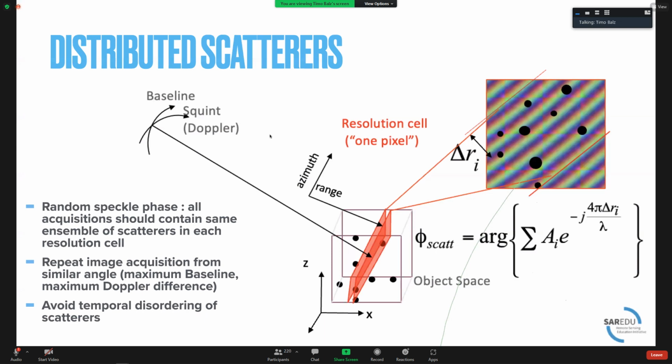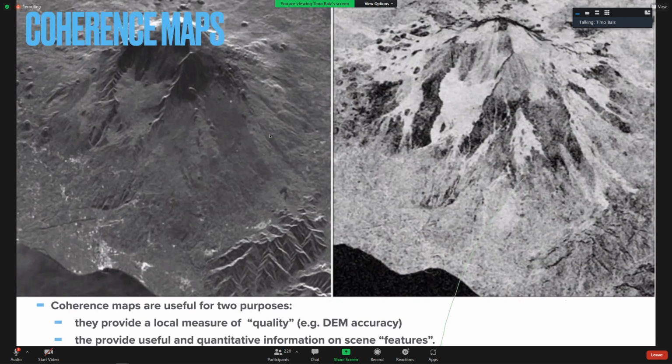Now we come to the coherence maps. The coherence that we showed has two important things you can do with it. One, what we typically use it for, is a quality measurement.